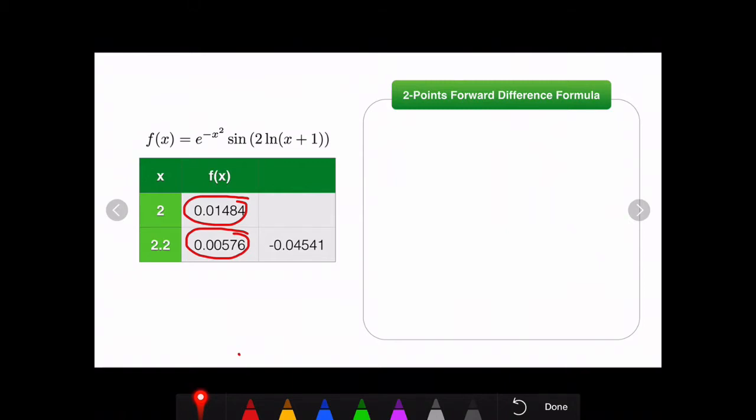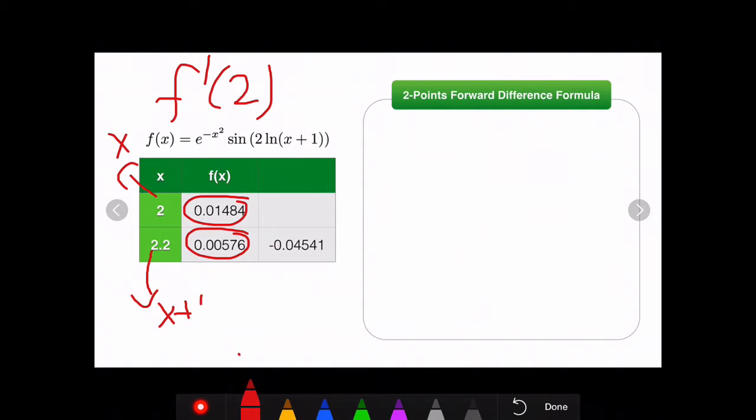Because we want to find our f prime of 2, this is my x and this is my x plus h. Take a look at the formula, this is our formula for the 2-point forward difference.